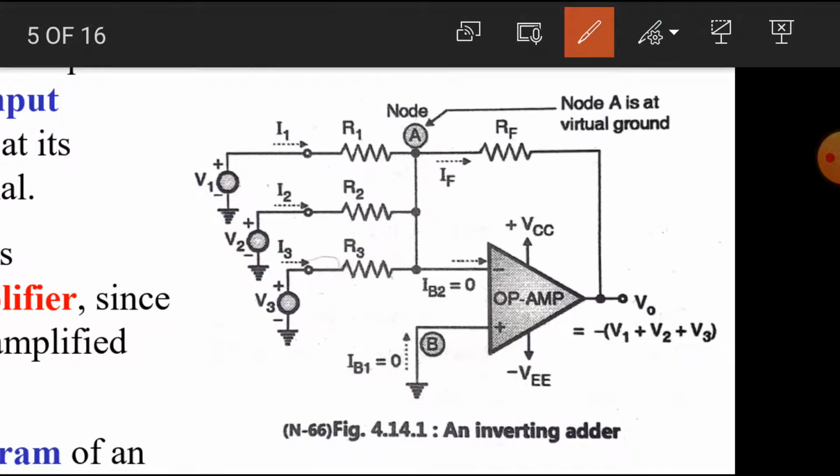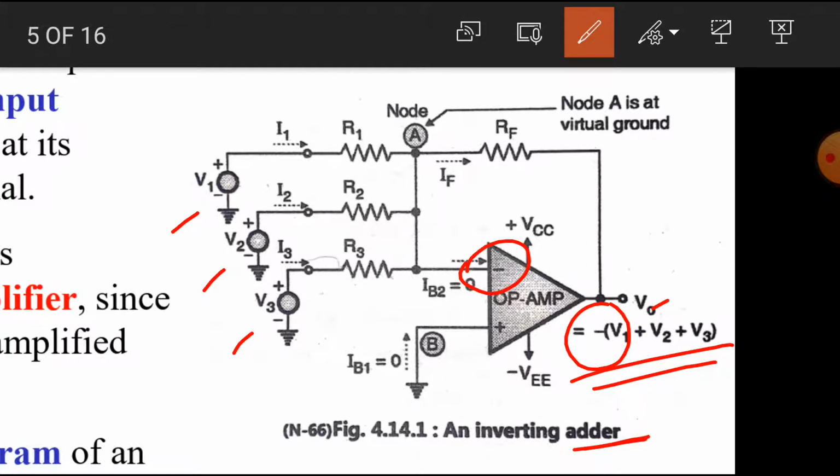Hence, it adds the input signals V1, V2, V3 and gives us the output V0 equal to minus (V1 plus V2 plus V3). This minus sign indicates that the signals are connected to the inverting terminal. I hope you all understand the circuit description.